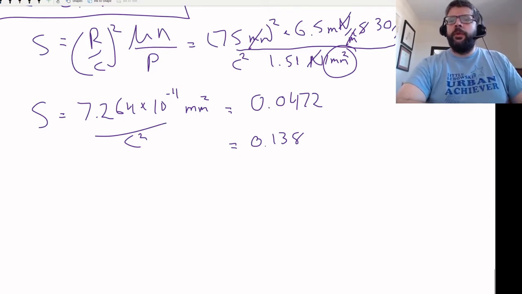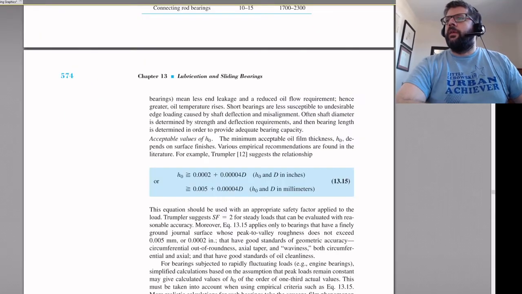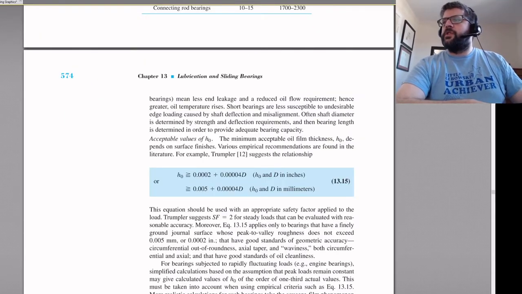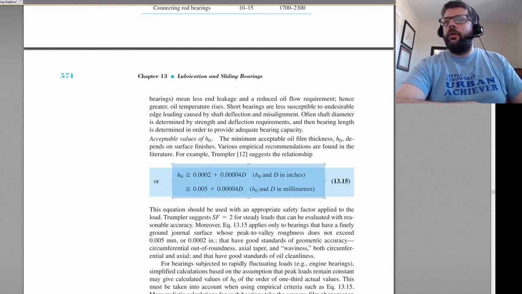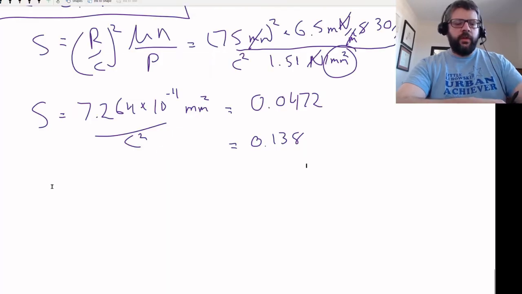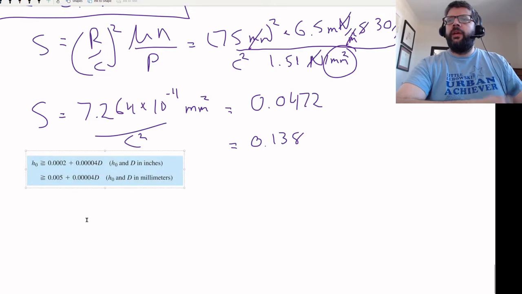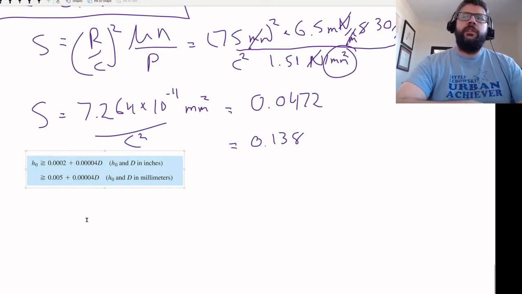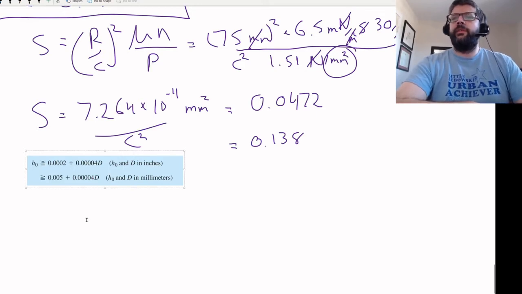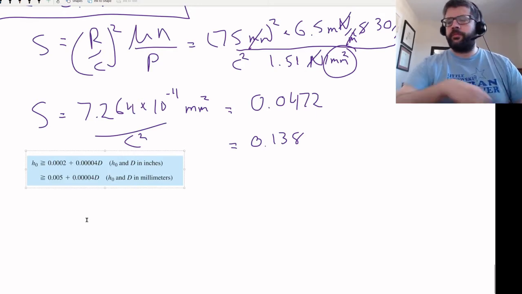So flipping back here, the suggested relationship that we should be using, we're working metric here, so we want to be using an H naught that is larger than 0.005 plus 0.00004 times the diameter.